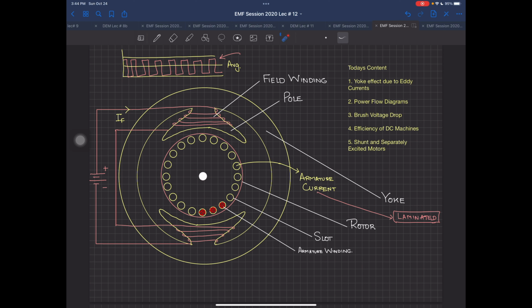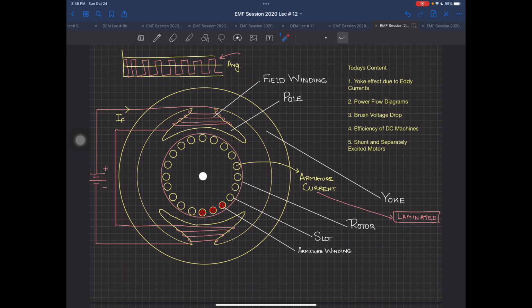But otherwise, if you are working on a DC supply, and that DC supply gives you a discontinuous current waveform, or maybe the current is changing, or even if this is a simple variable DC supply and you are changing it, then eddy currents are going to be produced. And because of those eddy currents, the poles are going to be made up of laminations.